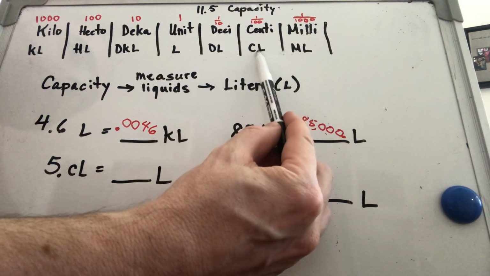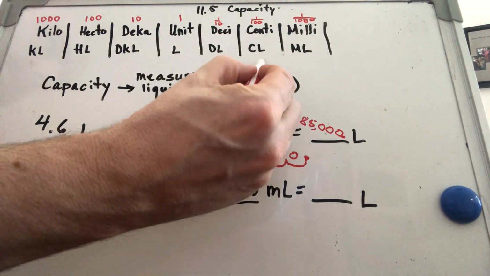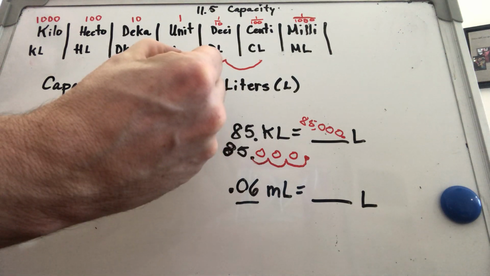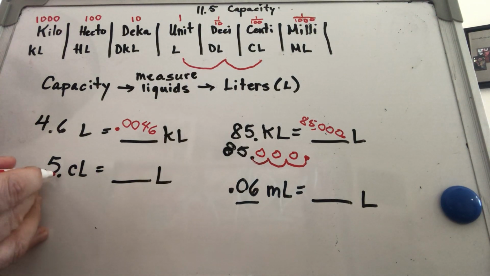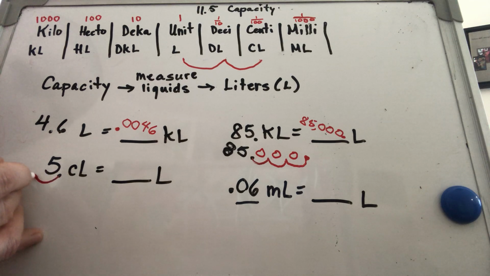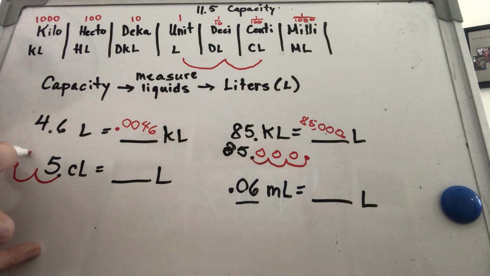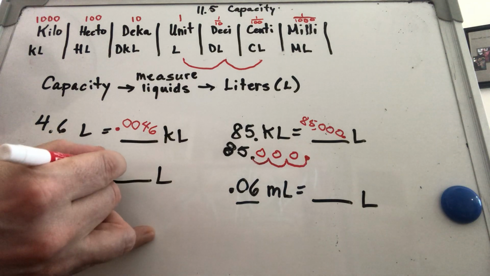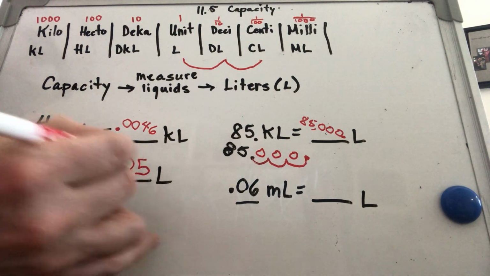So how do I get from centiliters over to liters? Well, I'm starting here. 1 hop to the left, 2 hops to the left. I'm going to take my decimal and make 2 hops to the left. That's my new decimal placement. I fill in the 0. And I know the answer now is 0.05.